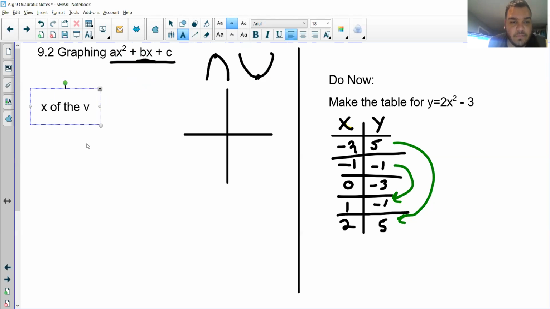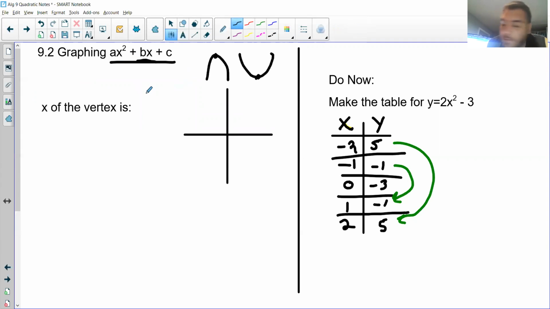X of the vertex is, let me just check, it's not the negative one. Yep. Negative b over 2a. So when you need to find the x of the vertex, it's negative b over 2a.